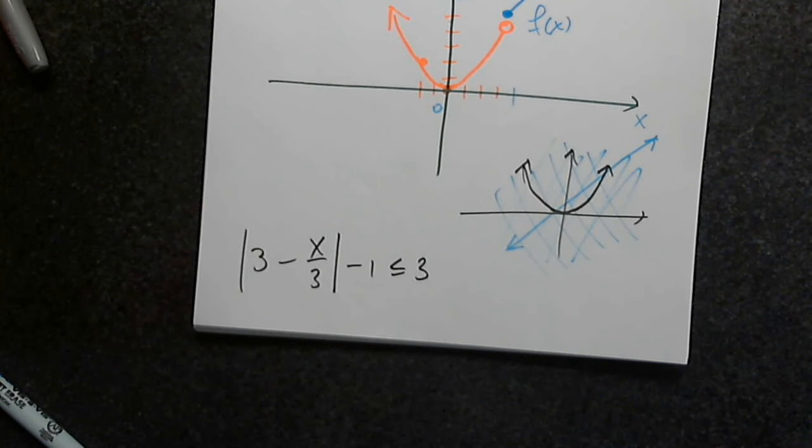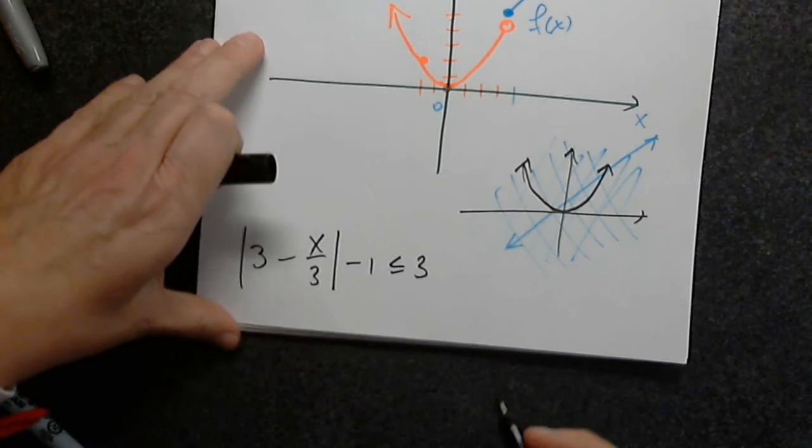What type? Absolute value. It is an absolute value inequality. Thank you. Awesome. How do I solve this? What is the first step? What do I need to do? Correct. Add 1 to both sides.